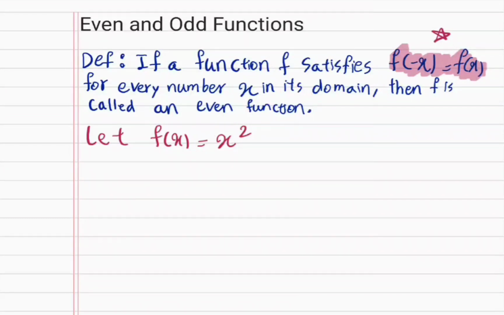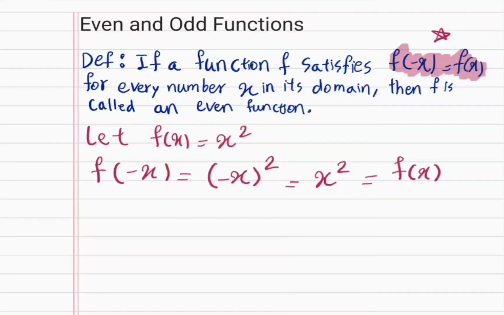If that turns out to be the same as f of x, then that means that this function is an even function. So for this case, f of minus x is equal to minus x squared, and this is equal to x squared, which is exactly the same as f of x, because we know that f of x is x squared.